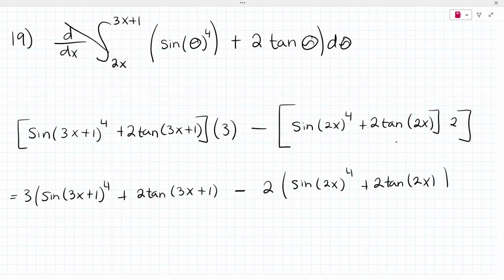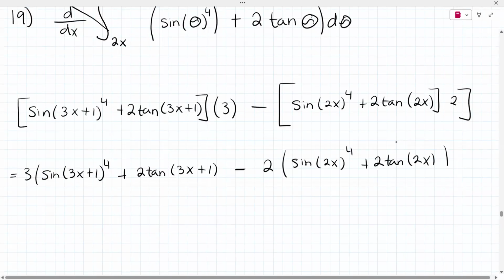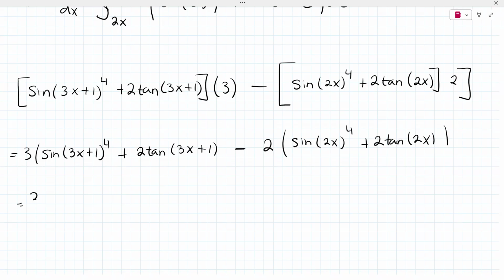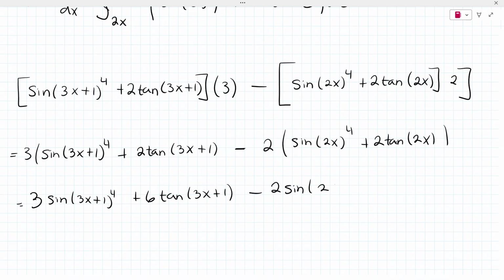Clean it up a bit more, and you get this. Now I'm going to distribute out this 3. So it's going to be 3 sin of 3x plus 1 to the fourth plus 6 tan of 3x plus 1, minus, and then I'm going to distribute out this 2. So this is going to be negative 2 sin of 2x to the fourth minus 4 tan of 2x. Okay, so this is my final answer.